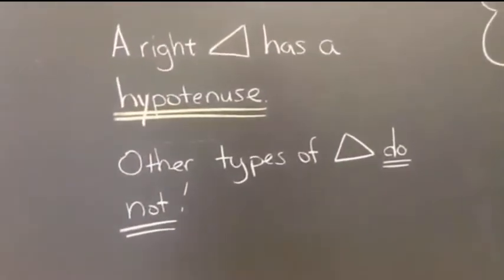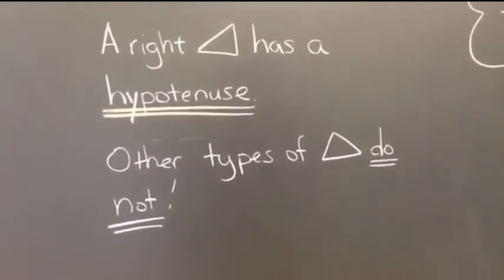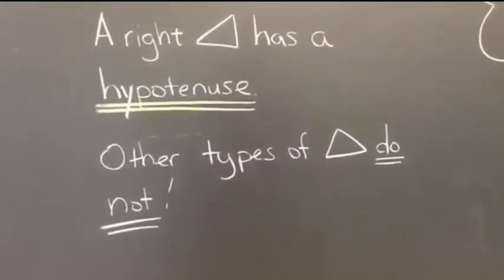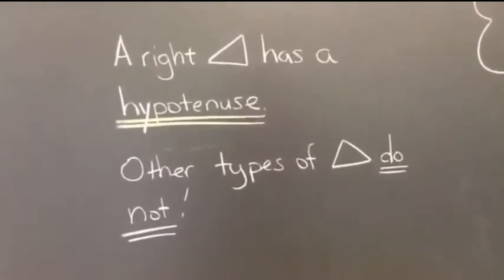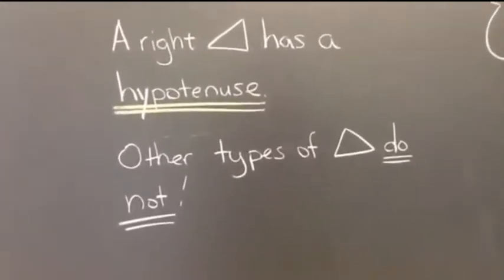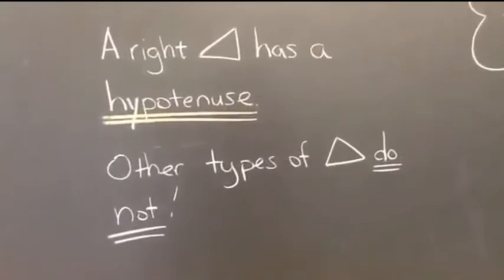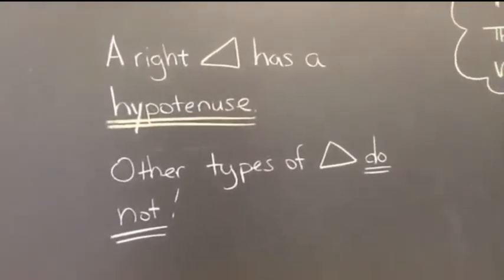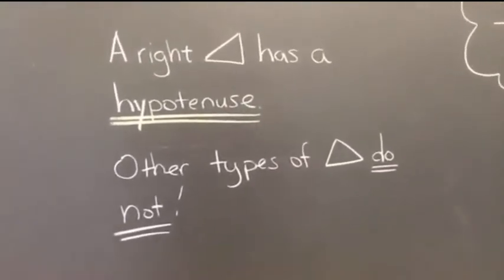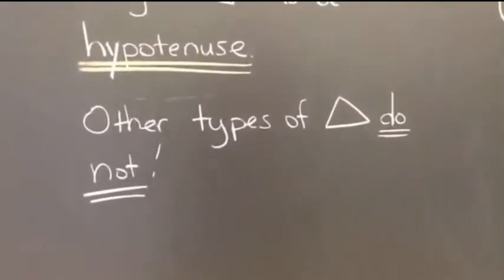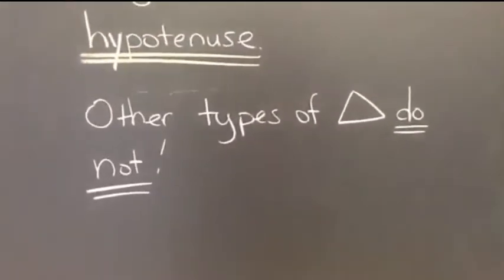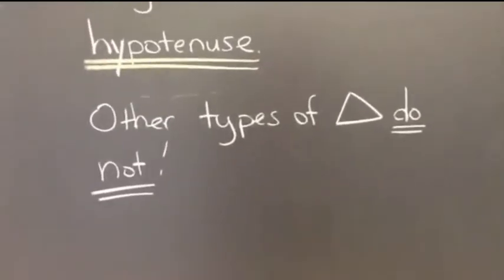A right triangle has a hypotenuse. Other types of triangles do not. And the reason is simply because of the definition of hypotenuse. A hypotenuse is the side of the triangle that's opposite the 90 degrees. And other types of triangles that are not right triangles don't have 90-degree angles. So they can't have hypotenuses, if that's the plural.